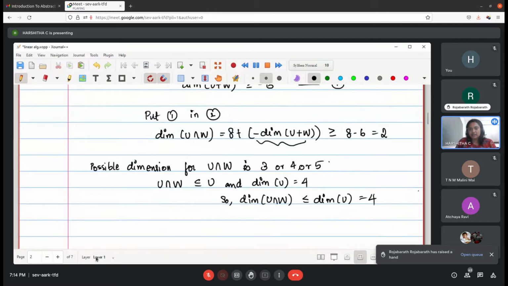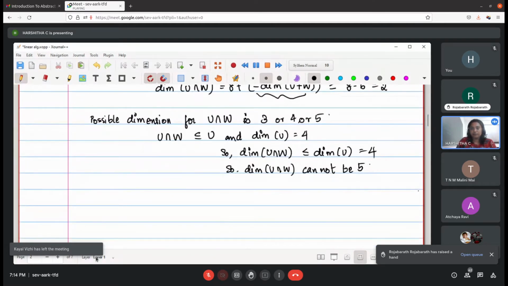So definitely this rules out 5 as an option. So dimension of U intersection W cannot be 5. Now we are left with 3 or 4. Now let's look at, is 4 possible?